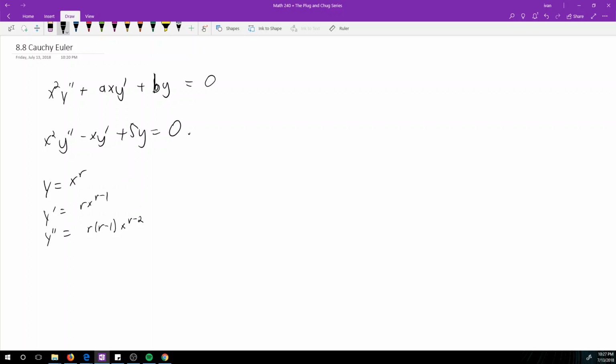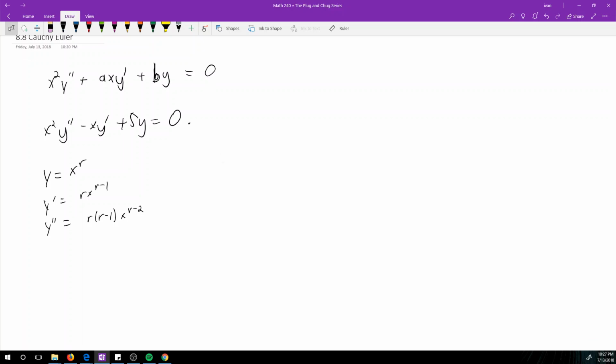Then you plug it into the original equation, and what do you get? You get x squared times r times r minus 1 x to the r minus 2, minus x times r x to the r minus 1, plus 5x to the r is equal to 0.